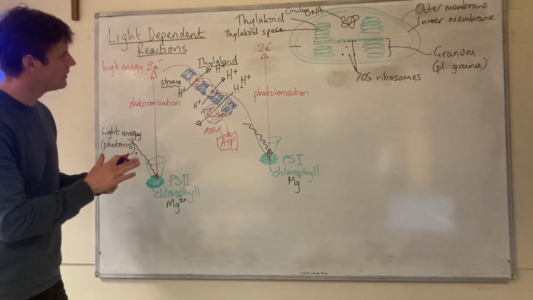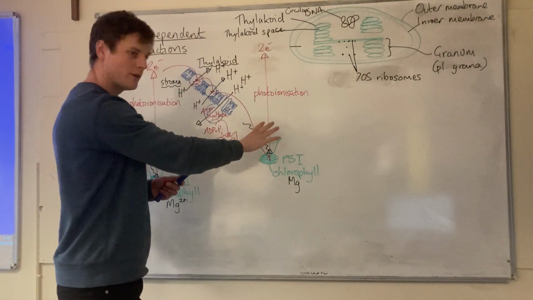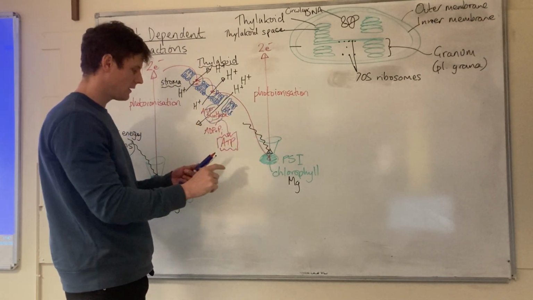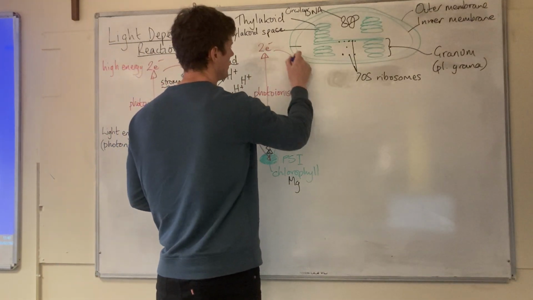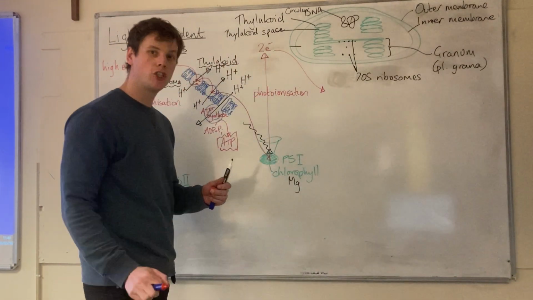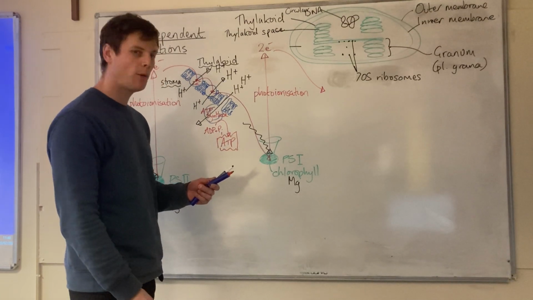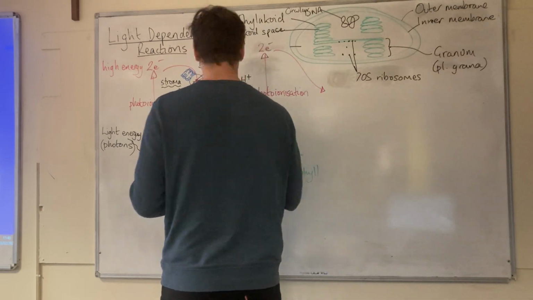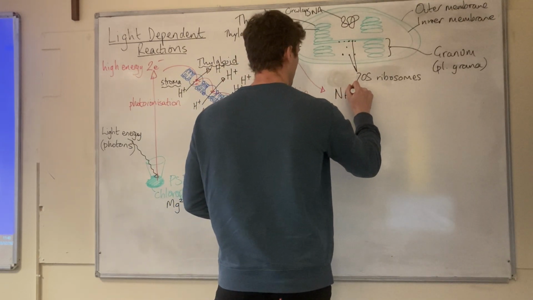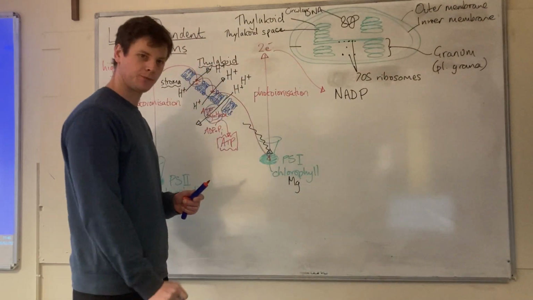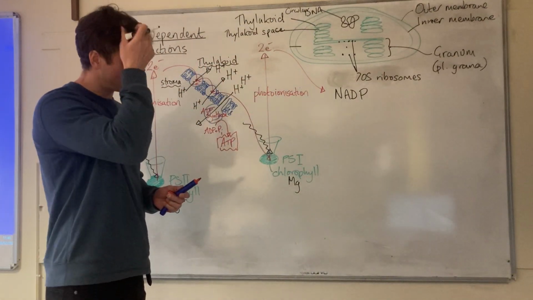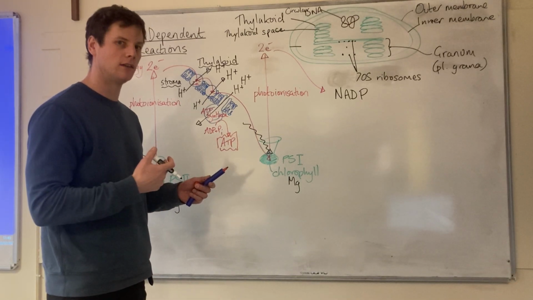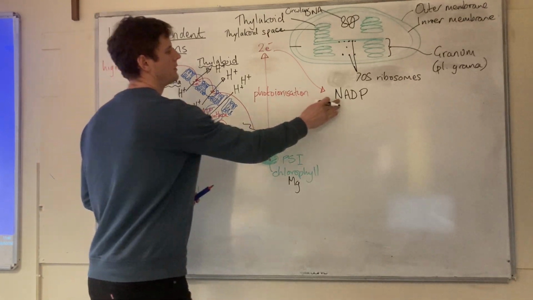Now this time, these electrons, rather than going through another electron transport chain, are used to reduce a coenzyme called NADP. Okay, so similar to the NAD that we learnt about in respiration, but this time it's called NADP.